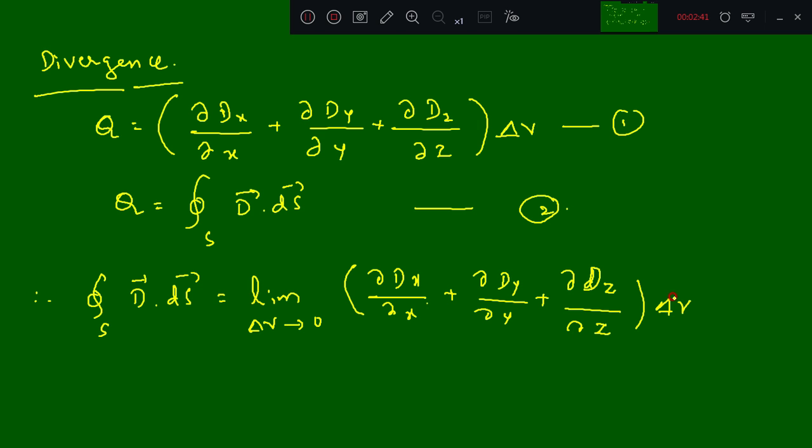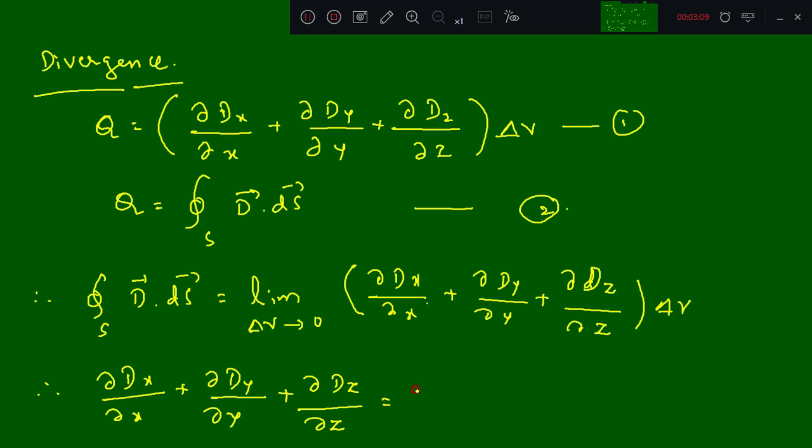This equation I can slightly rearrange. If I rearrange this, dou Dx upon dou x plus dou Dy upon dou y plus dou Dz upon dou z, I am going to get as limit delta v tends to 0.